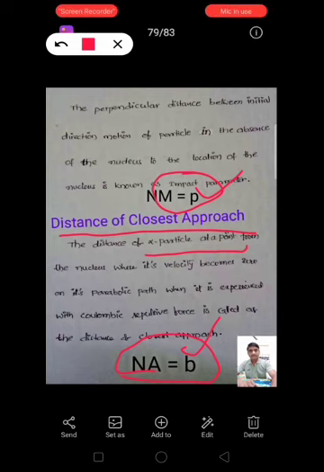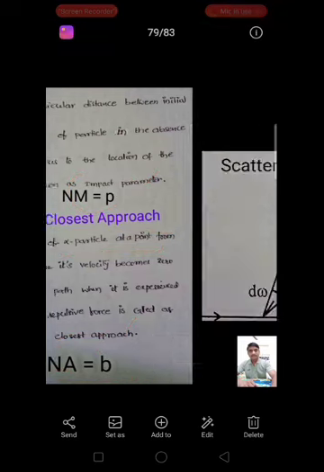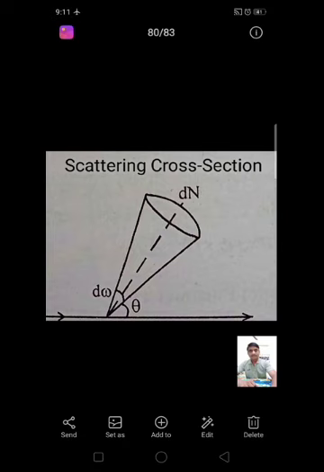So let us discuss scattering cross section. Now we know what is scattering cross section.